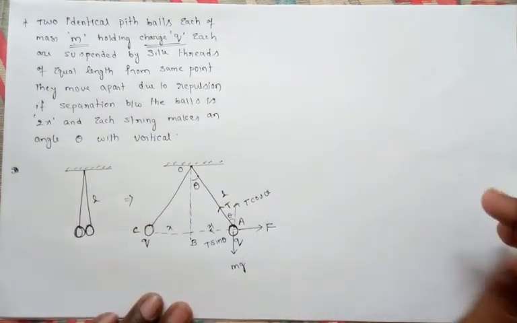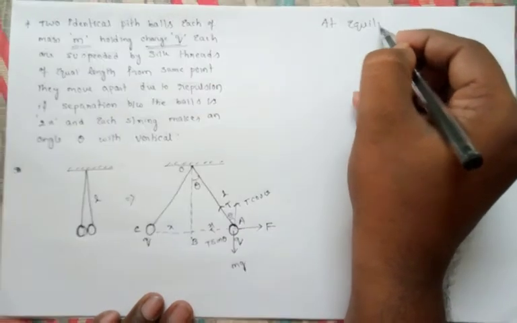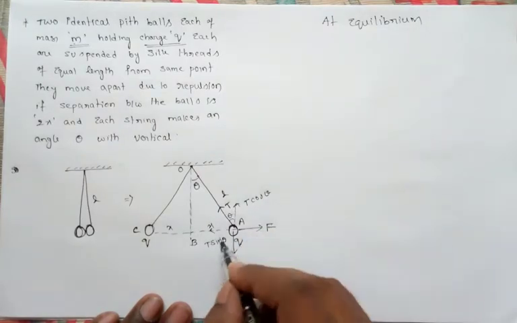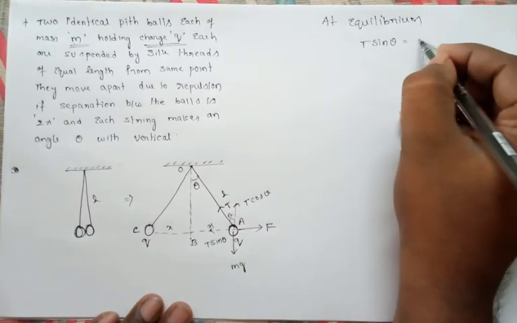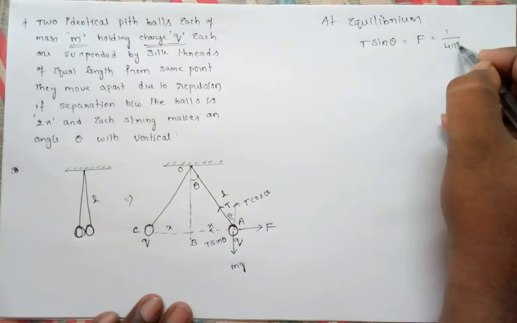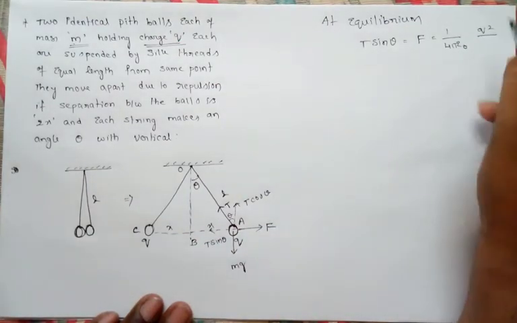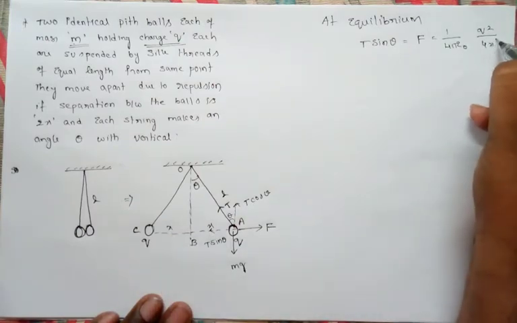So at equilibrium, T sin theta is equal to the Coulombic repulsive force F, which equals 1 upon 4 pi epsilon naught into q1 q2, that is q square, upon the distance 2x whole square, so 4x square.